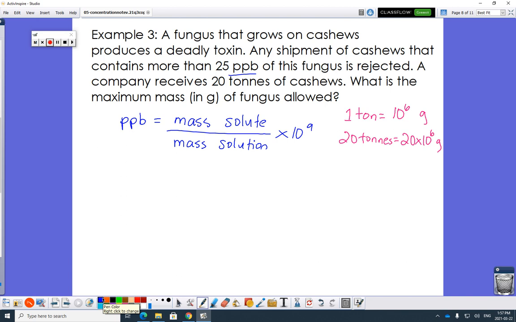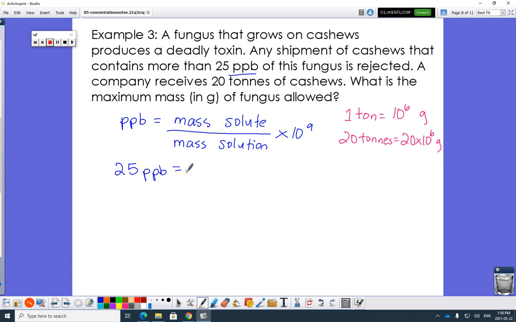We're only going to do one example for ppm and ppb, but it's the same sort of thing. You're either solving for the top or the bottom of the fraction, or you're solving for the parts per billion or parts per million. So in this case, we're given the parts per billion.